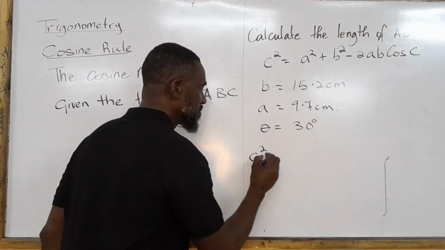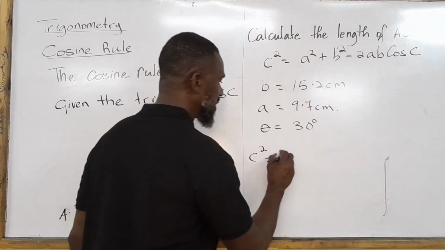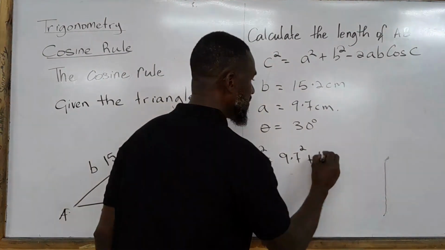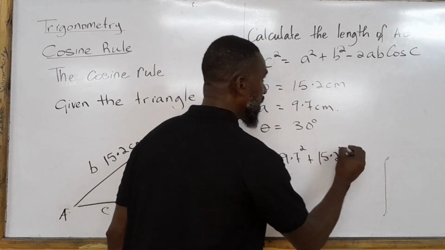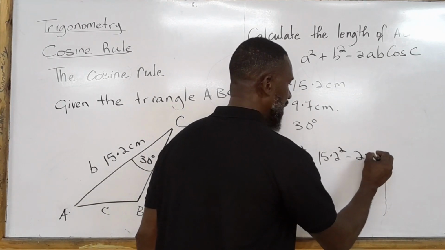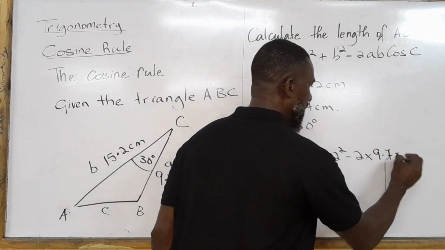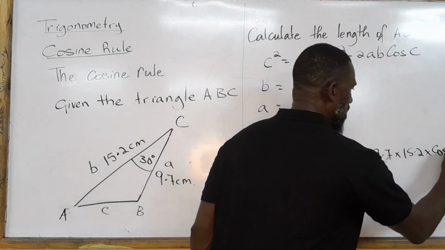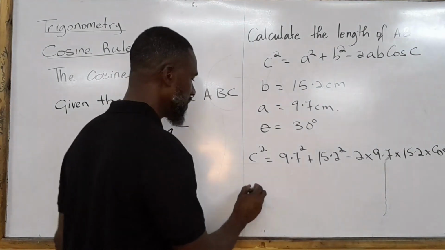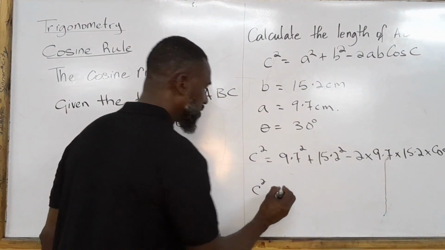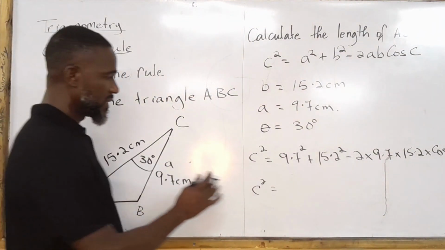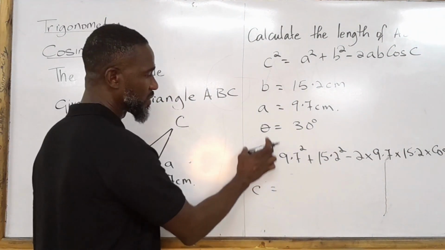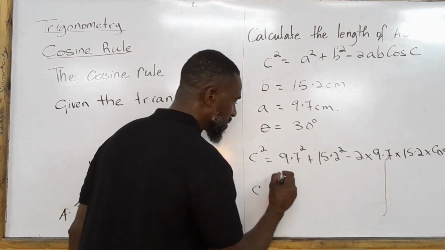Therefore C squared is going to be equal to A squared, which is 9.7 squared, plus 15.2 squared, minus 2 times 9.7 times 15.2 times cos of 30. Since this is squared, we want to find the square root.